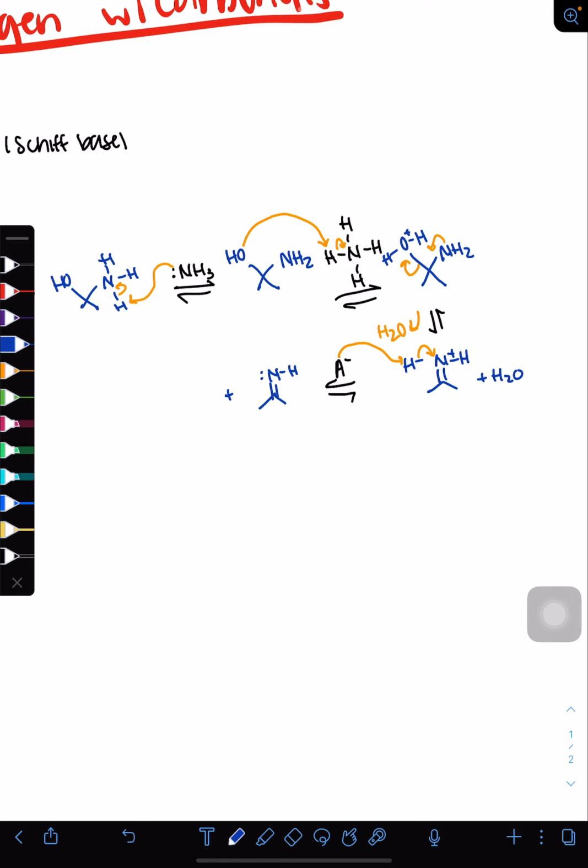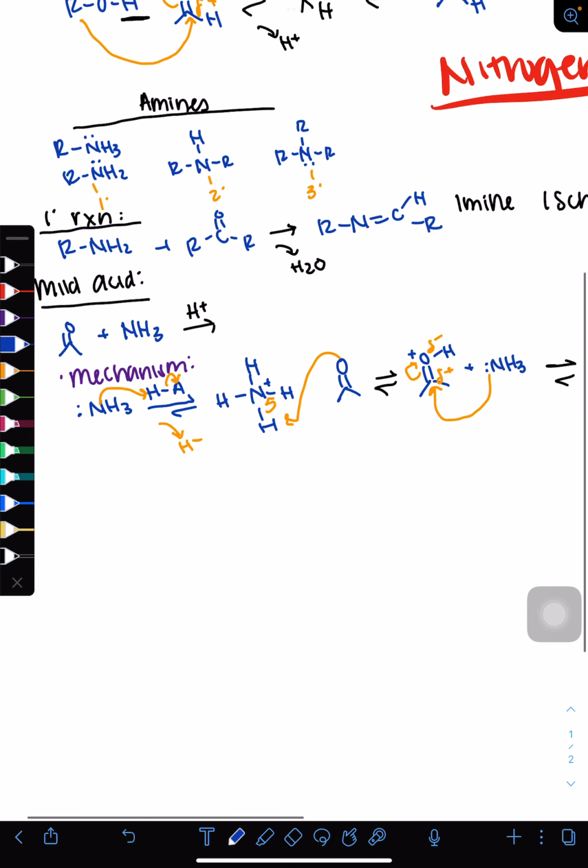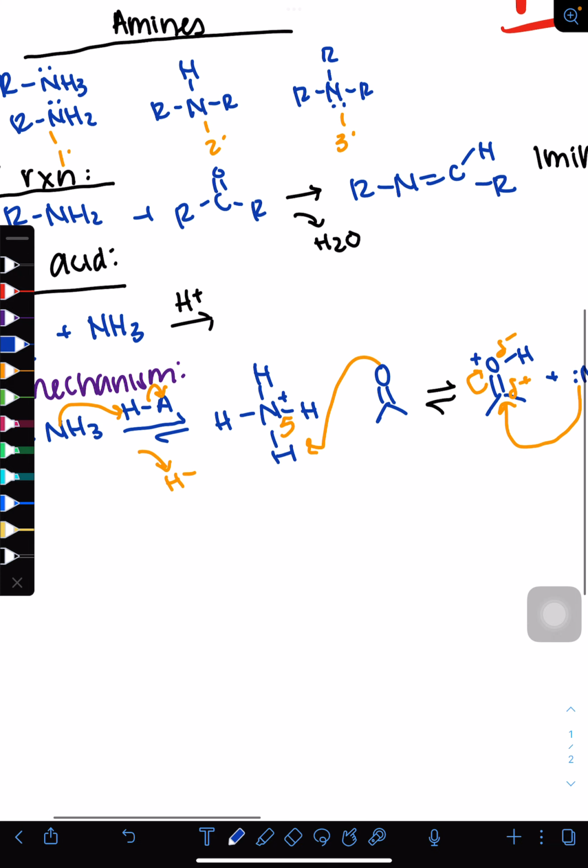And don't forget the stuff that we just made: the hydrogen with the acid and the water. The answer to this, once again, is just that plus water plus this acid.